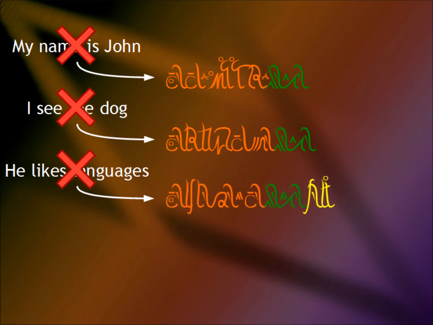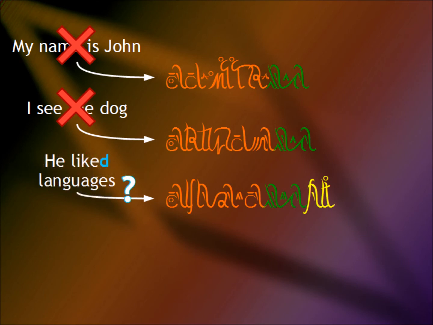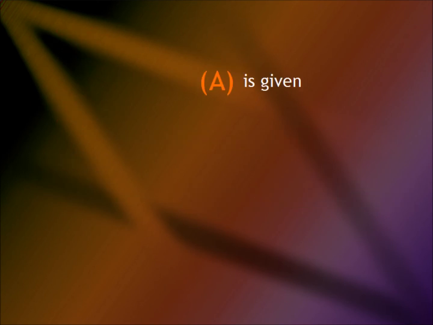Now what do we do if we put this sentence in the past tense? He liked languages. We just add a context, the past. So, whichever sentence you try to create in Ælis, you need to remember, something is given by something or someone, to something or someone, in a given context.